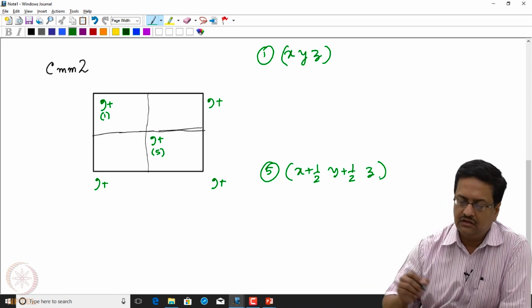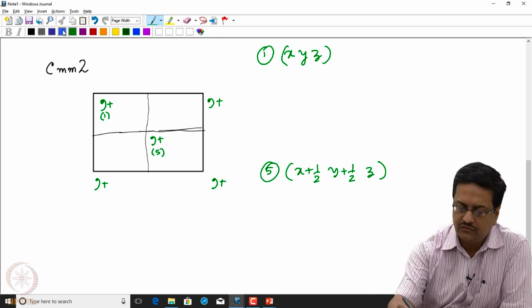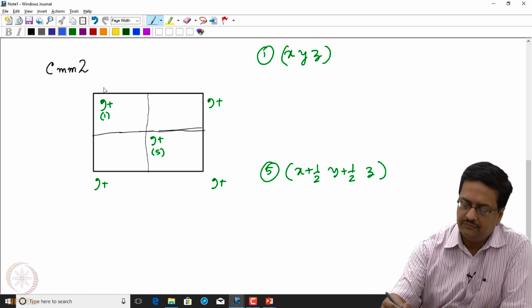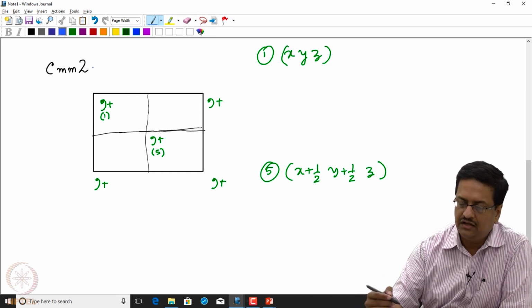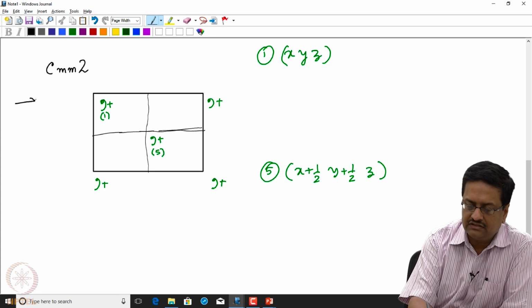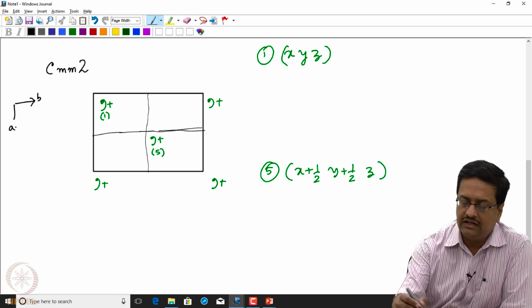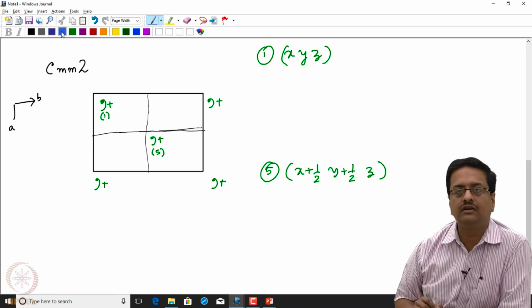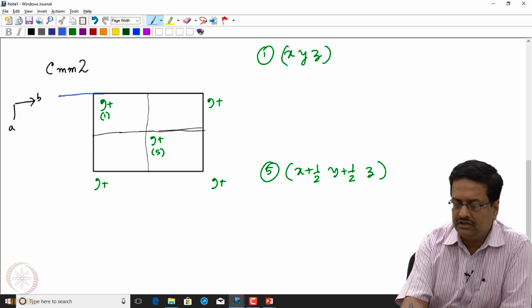So now I have mirrors perpendicular to x. As a convention I have B and A like that. So when I say I have a mirror perpendicular to x, that means the mirror is here.